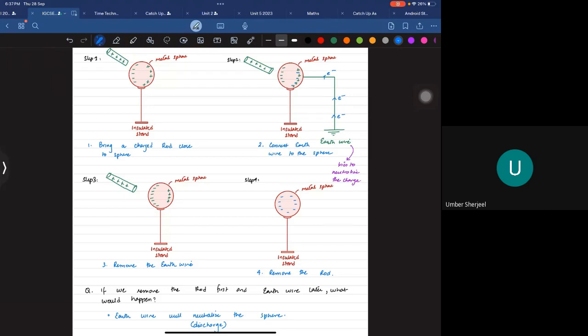That the electrons will go back into the earth? Yes, the electrons will go back to the Earth because Earth will know you were tricking Earth. Earth has all the charges. Earth can supply as many charges as you want, and it can also take back as many charges as you want. So Earth is like something that discharges everything.